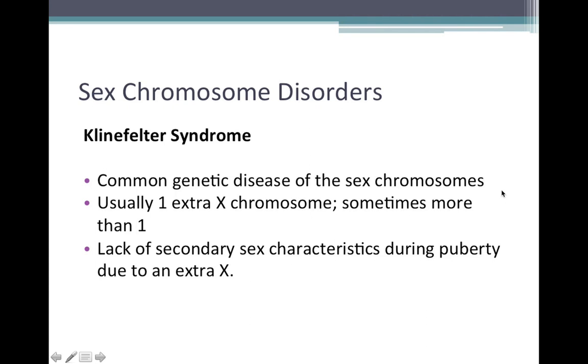So what happens is that individuals with Klinefelter syndrome are usually going to lack secondary sex characteristics. Typically, what you think of as secondary sex characteristics would be those male characteristics that develop after puberty, like body hair, growth of certain bones, muscle, voice changes, that kind of stuff. Individuals with Klinefelter syndrome will basically lack these secondary sex characteristics.